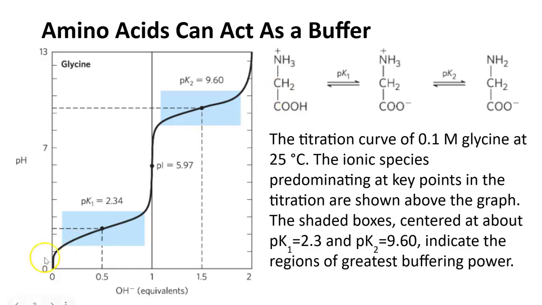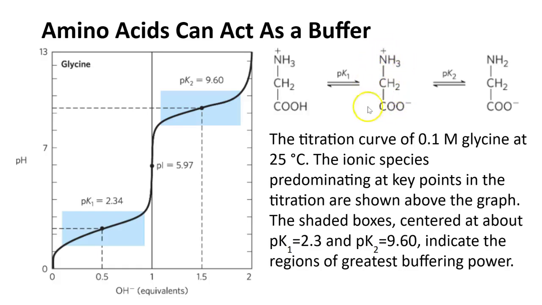And so as you increase the base, now not only do we have this form of the amino acid, but we also have this other form happening at the same time. When you have this pKa1, this is the equilibrium point right here, where you have both the state of the most protonated, and also one of the states starting to become deprotonated.